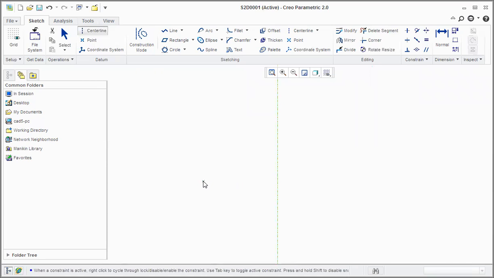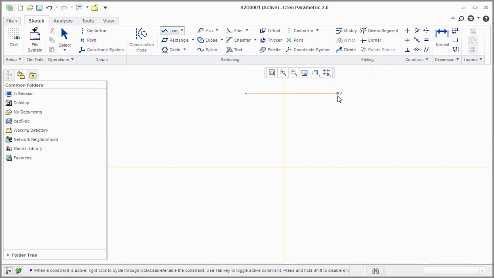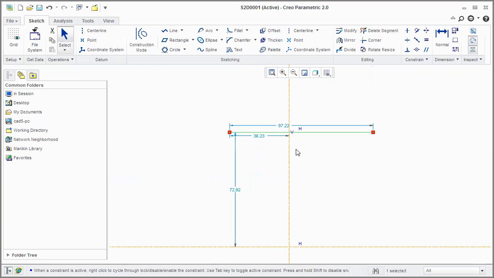For using the symmetric constraint, we construct a center line first. After that, if you draw one line and you want this line to be symmetric to this center line.